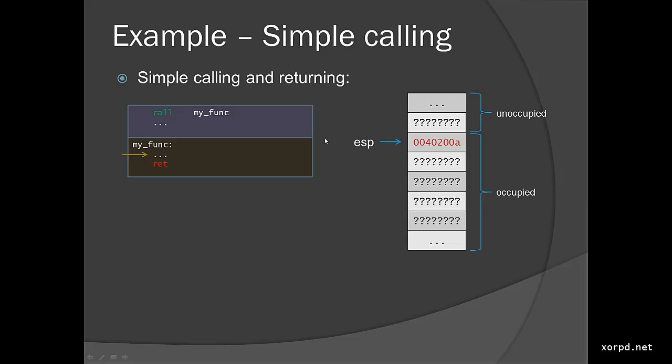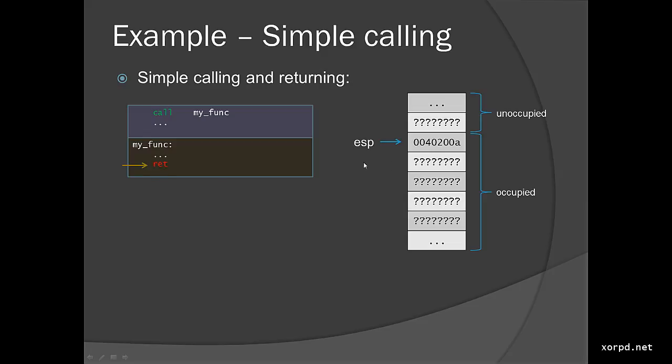Some work is done. I want to emphasize that this number that we can see here is the next instruction's address, which means that it is the address of the instruction here. We can't see the instruction here, but we assume that there is an instruction after a call. After the work inside the myfunc function is done, we get to the ret instruction.